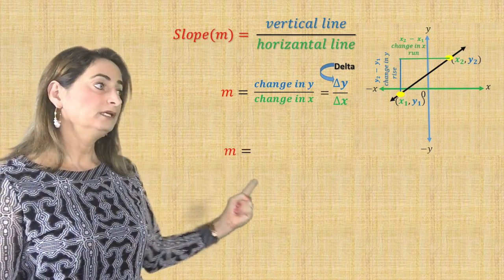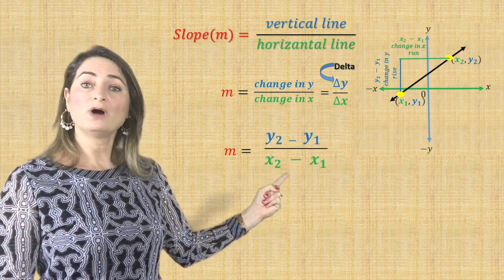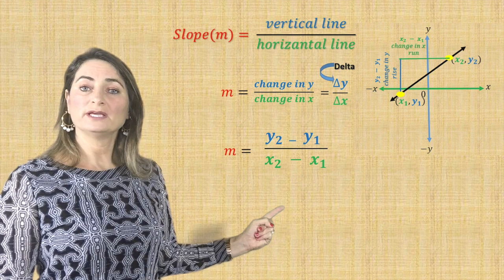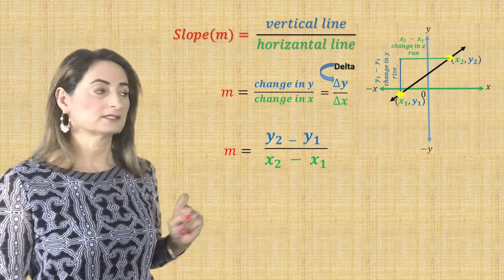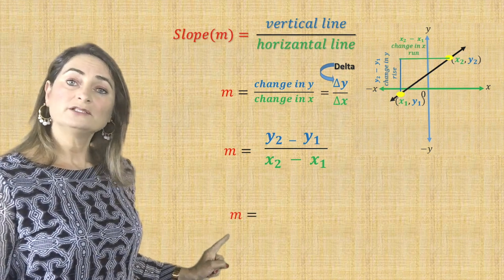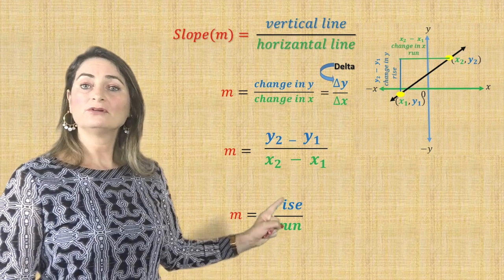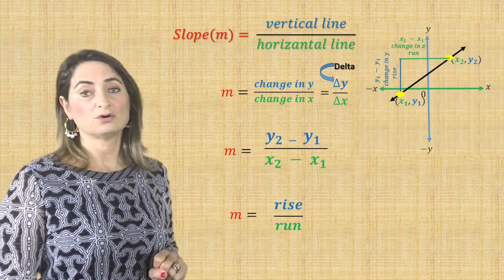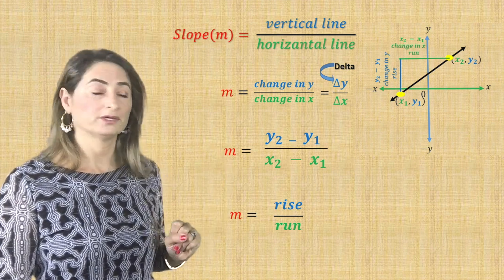Another way, m equals the difference between the y's divided by the difference between the x's, because those are the change in y divided by the change in x. Another way to find the slope: m equals the rise divided by the run. The rise is the vertical line and the run is the horizontal line from one point on the line to get to the other point.